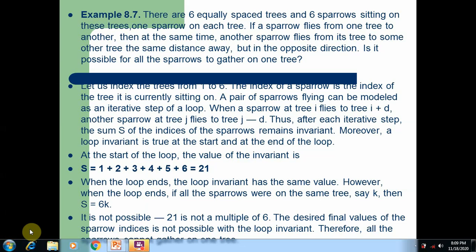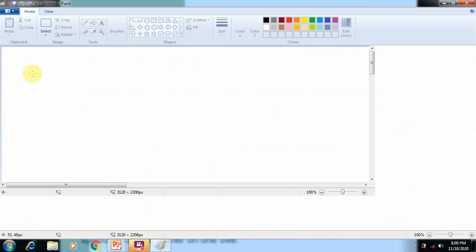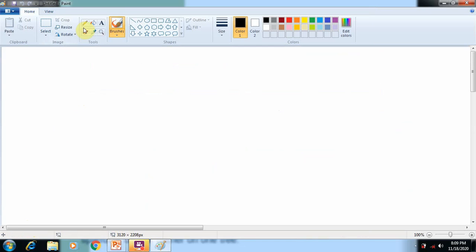So consider six trees: this one is 1, this one is 2, this one is 3, this one is 4, this one is 5, and this one is 6. Consider a sparrow travels in the clockwise direction from the first tree to the second tree.